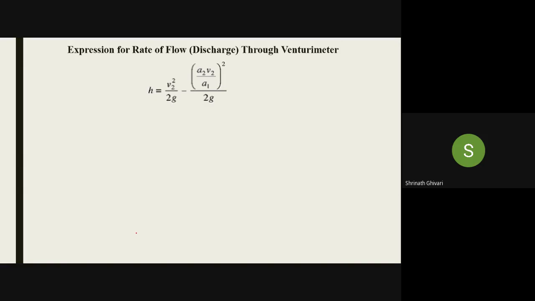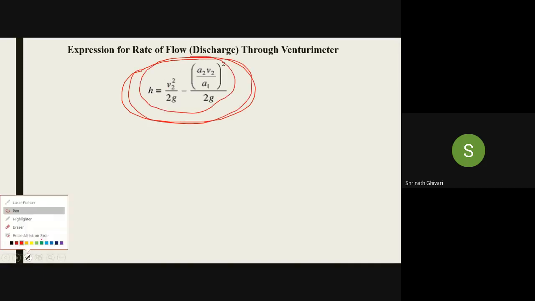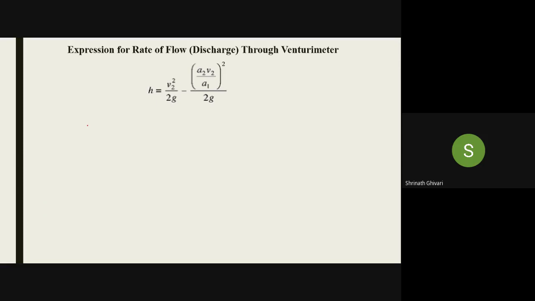I have written it now: A2 V2 divided by A1, whole square. Did you get this, at least? I want an equation in terms of V2 using this equation. Can anyone get me that?